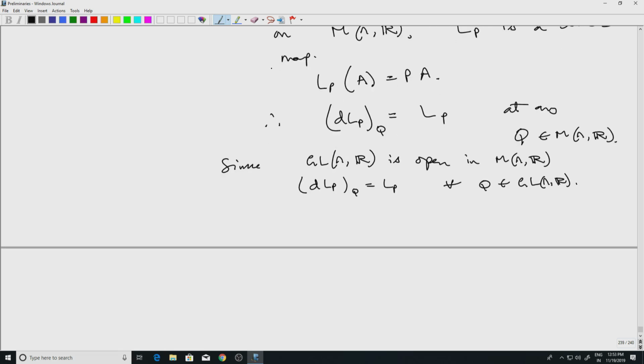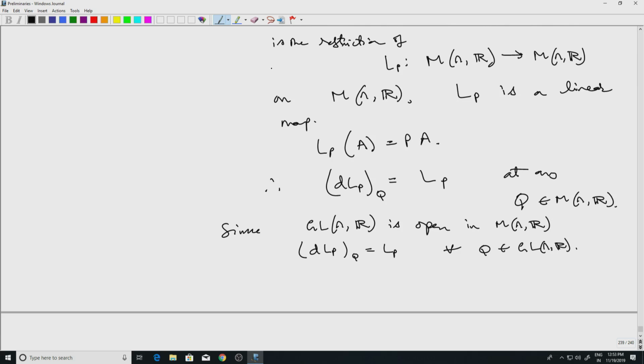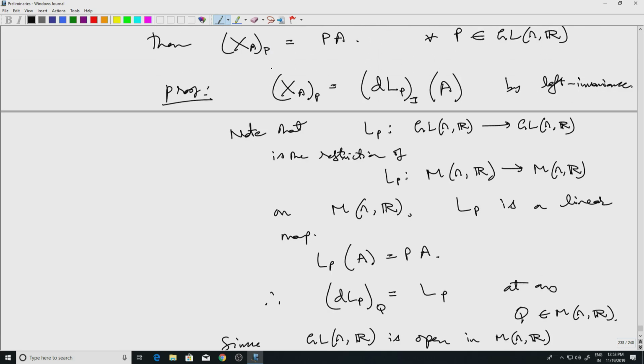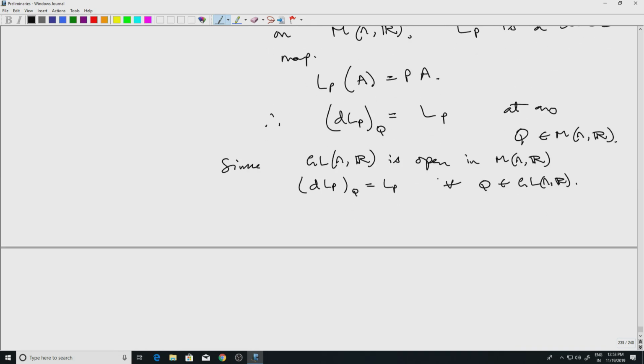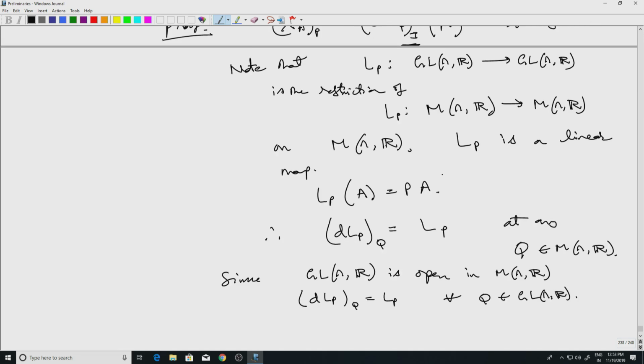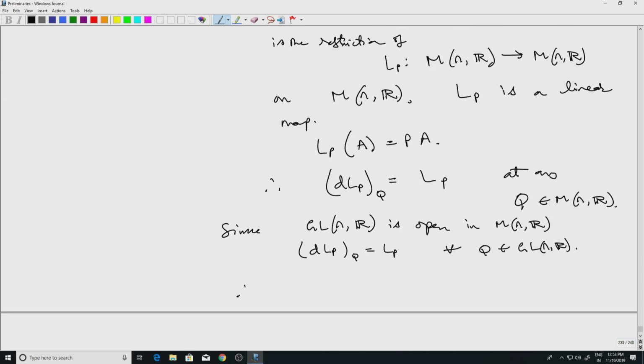Q can be anything, not necessarily the identity, though here I'm mainly interested in identity. So what I get finally is that X_A at P equals DL_P at identity of A, and this is the same thing as L_P of A, and by definition this is PA.